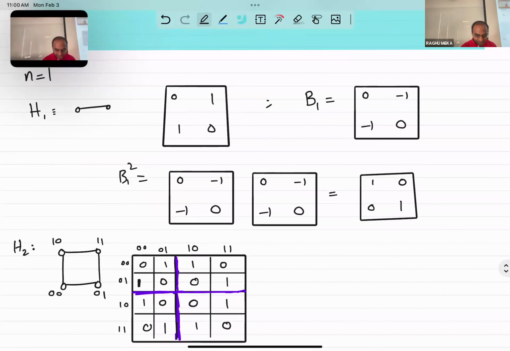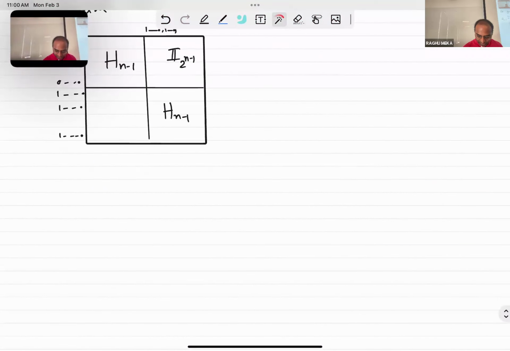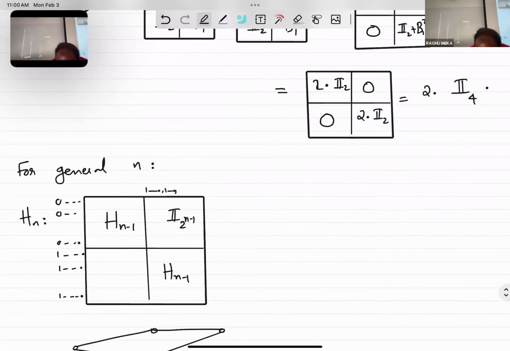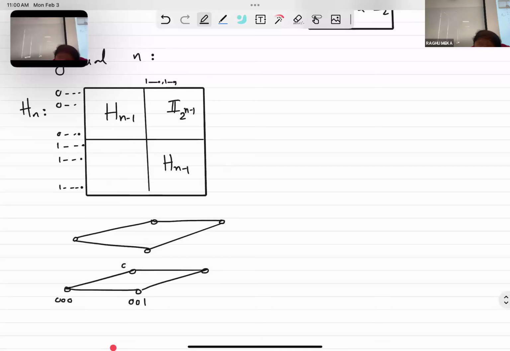Okay, going to the picture, what we're really saying is, maybe let me just draw that once. So this is like 0, 0, 0. This is H2 essentially with 0 padded in front, and this would be H2 with 1 padded in front.